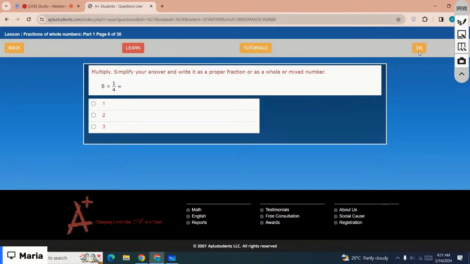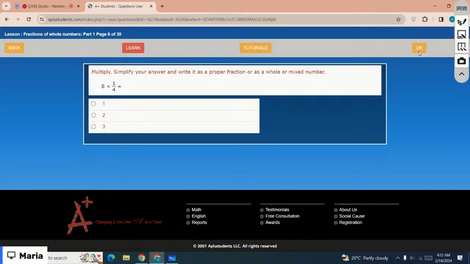The next one is multiply. 8 times 1 over 4. So which is the correct option? The correct option is 2.